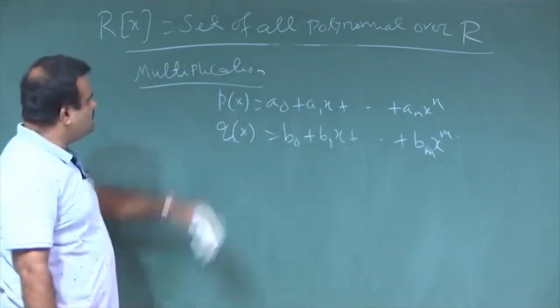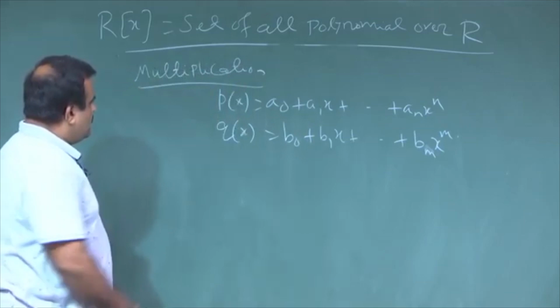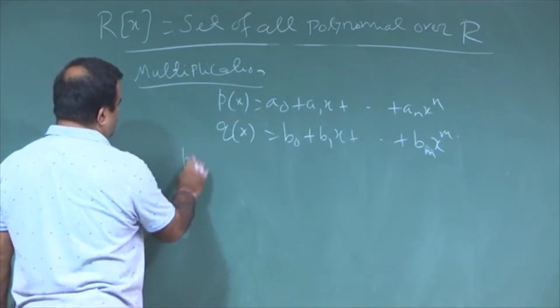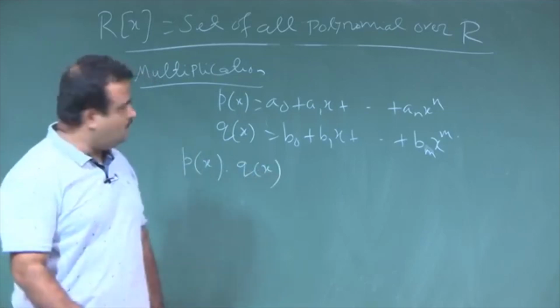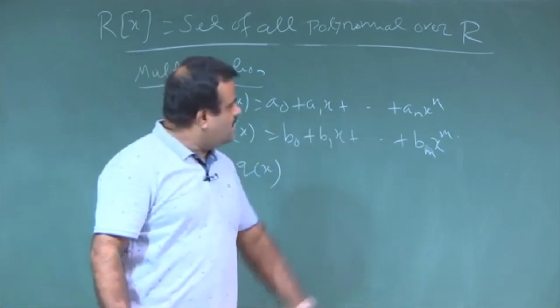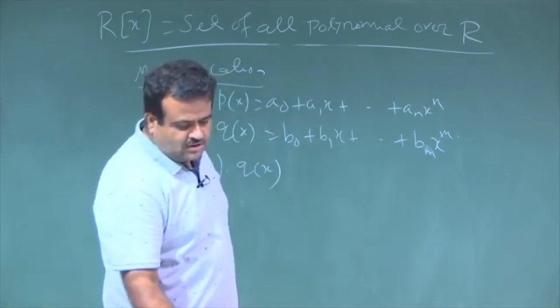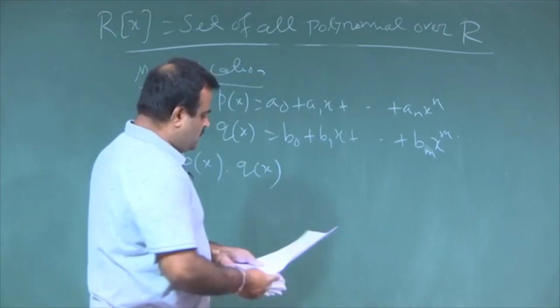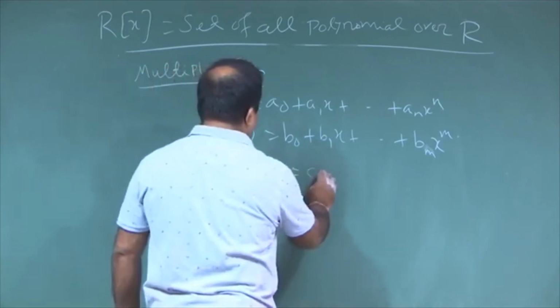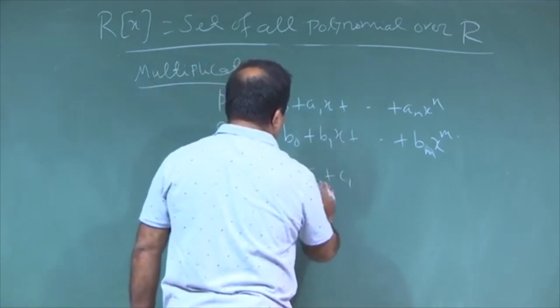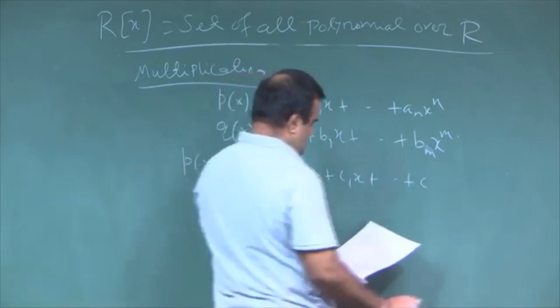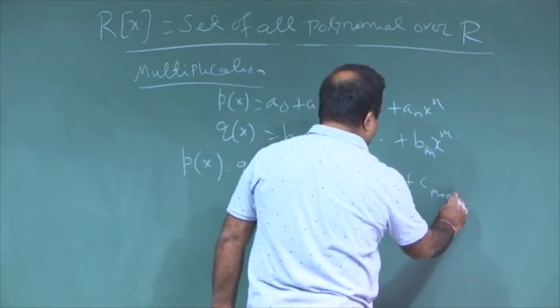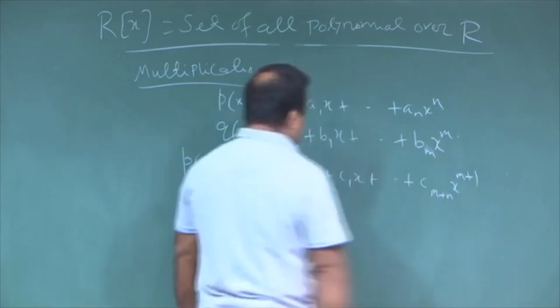If you multiply them, the product is another polynomial of degree m plus n, c 0 plus c 1 x up to c m plus n x to the power m plus n.